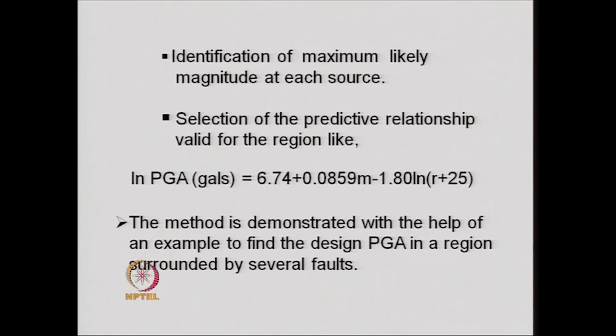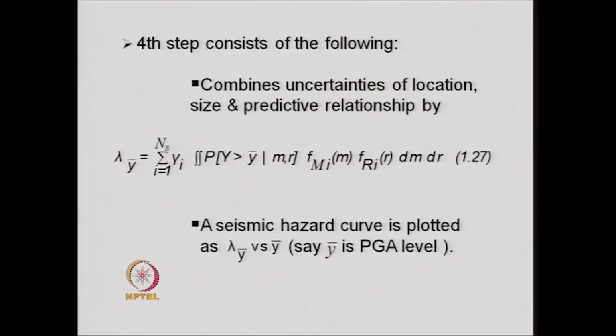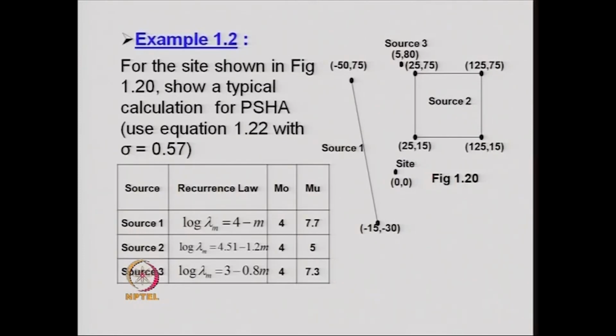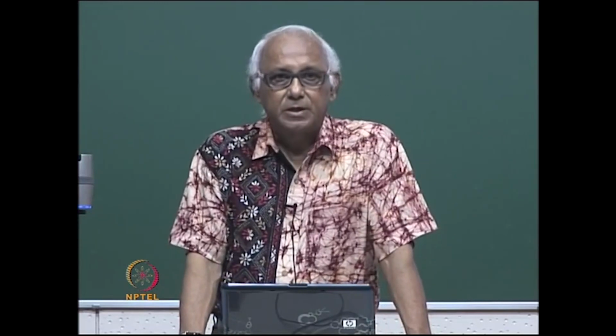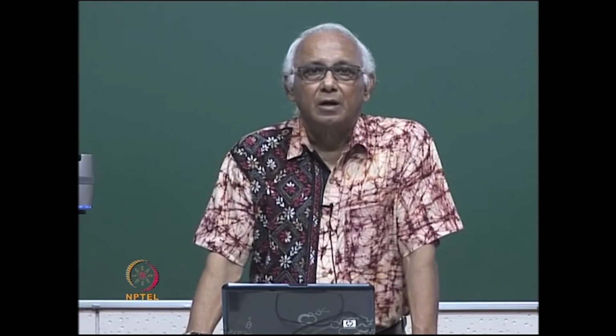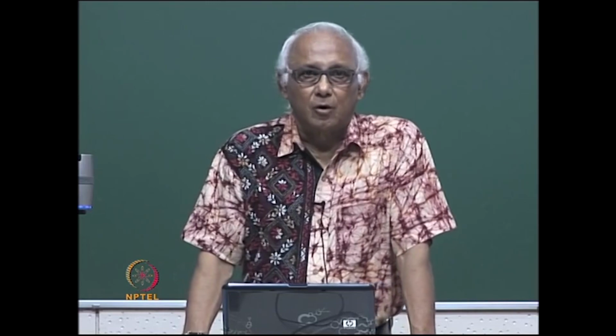This attenuation relationship will be used here with a standard deviation specified as sigma equal to 0.57. As I told you, this attenuation relationship provides the average value of the PGA, and a standard deviation is specified because it is assumed that the peak ground acceleration for a given magnitude of earthquake varies log normally.